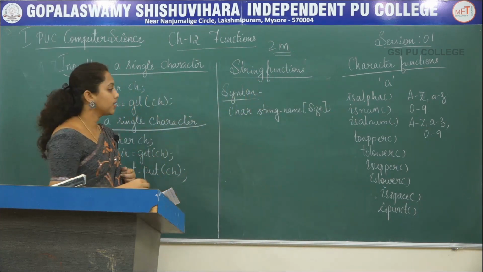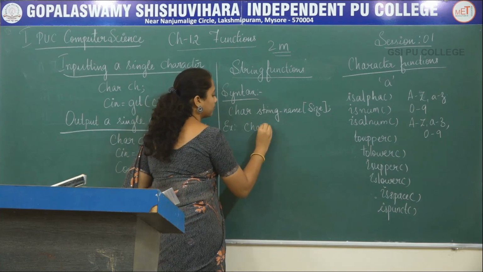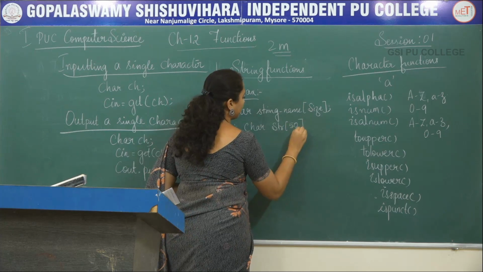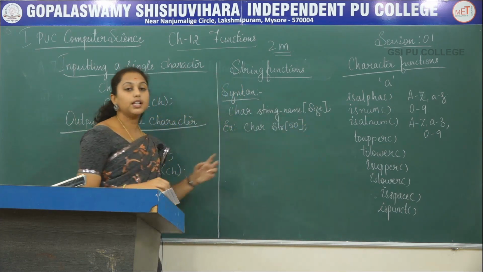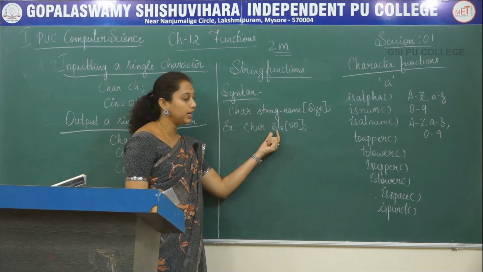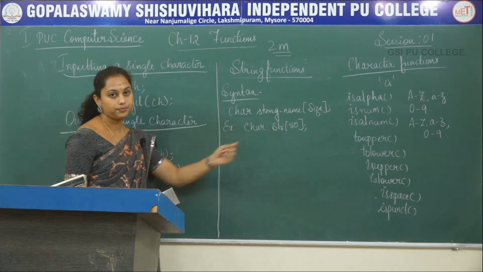An example for this is char str[50]. So in this example, char is the data type, str is the name of the string, and 50 is the size of the string.